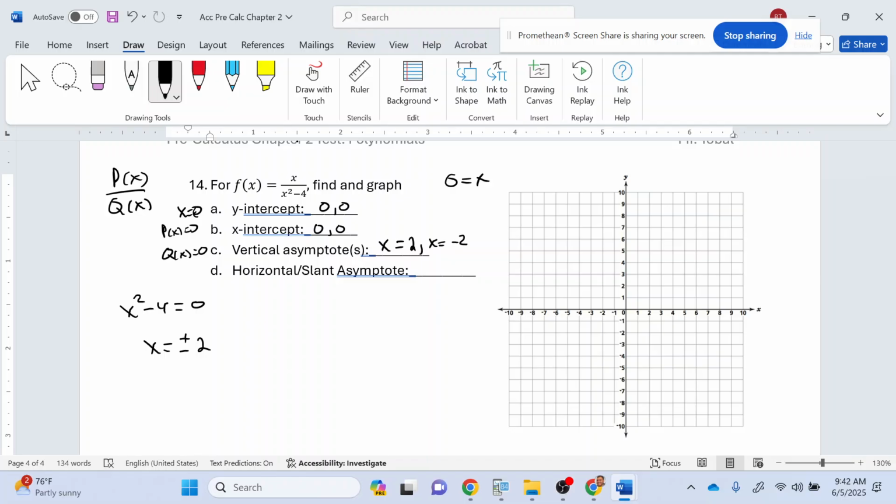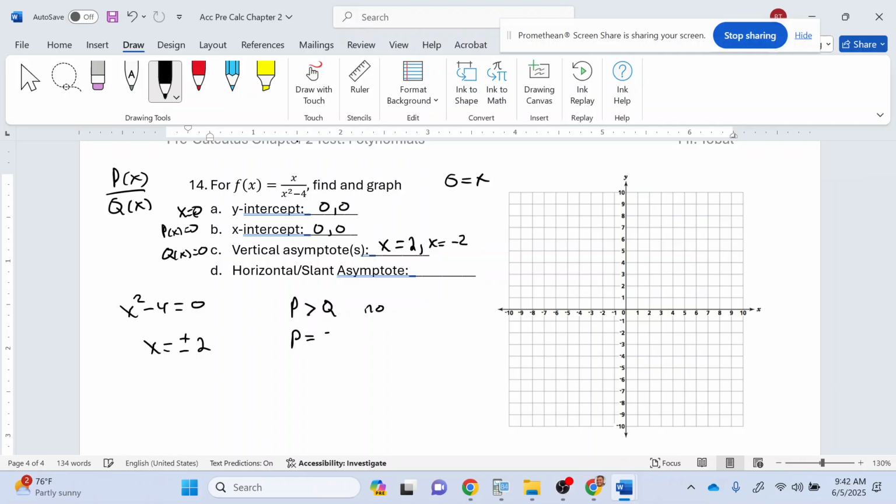And then horizontal slant asymptotes. I'm just showing you this looks like this. If I put it as a multiple choice answer, it would look like this: x equals 2 and x equals negative 2. And then horizontal or slant asymptotes, it's based off the powers. If you remember, if p is bigger than q, then it would be no horizontal asymptote.